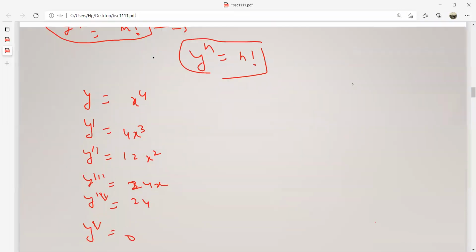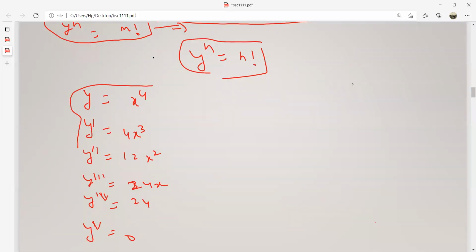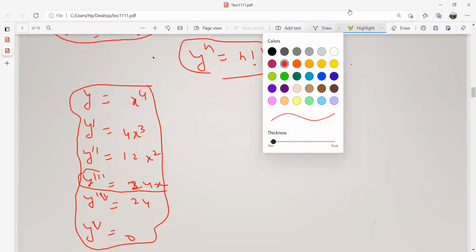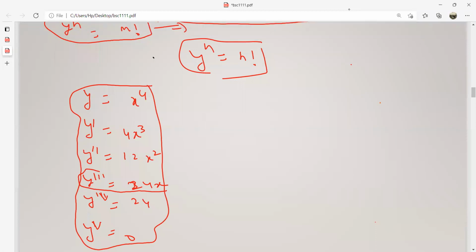So what we find here, you have to simply think: if we differentiate the function fewer times than the degree of the function, we always get an expression with the independent variable x. Here 3 is less than 4, so we always find a term in the independent variable x.